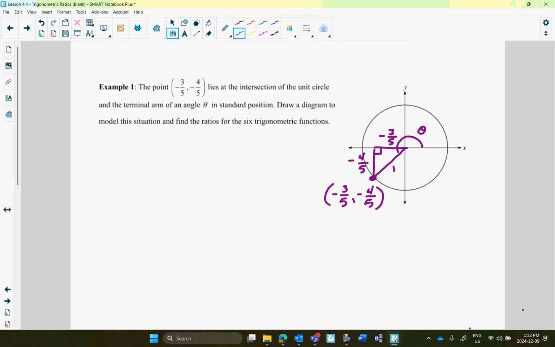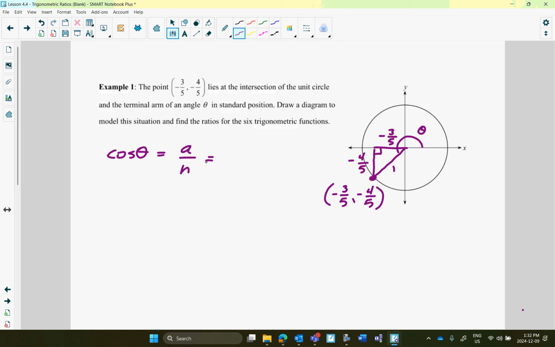Let's do the ones we're familiar with. Cosine, which is adjacent over hypotenuse. What's the adjacent side? Remember, this is our angle here. What's the adjacent side? This one here, right? Because this is the opposite side. 1 is always going to be the hypotenuse.